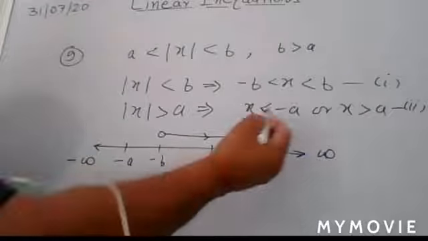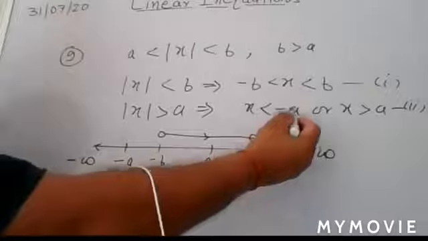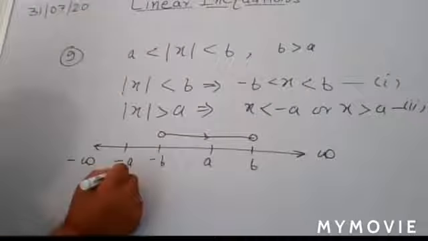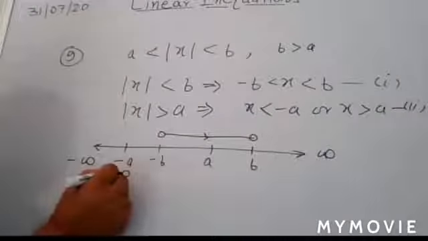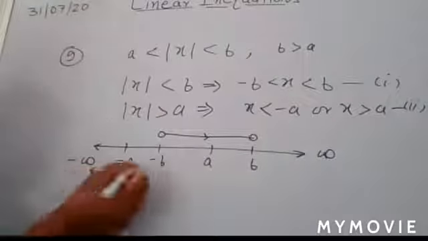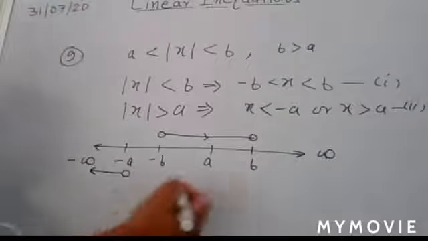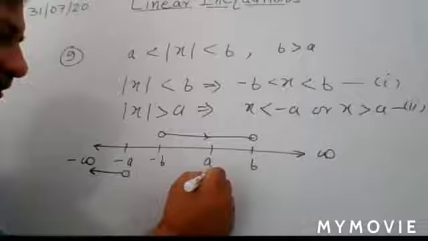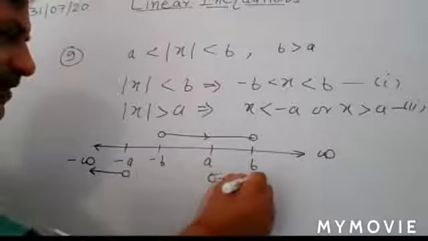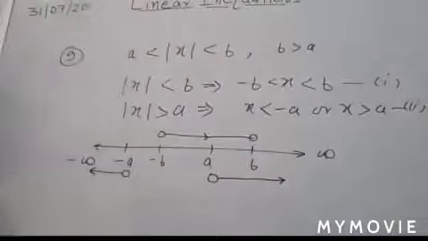Now for the second result, you see that the value of x is lesser than minus a, and here the value of x is greater than a. You have your result like that. Understand?